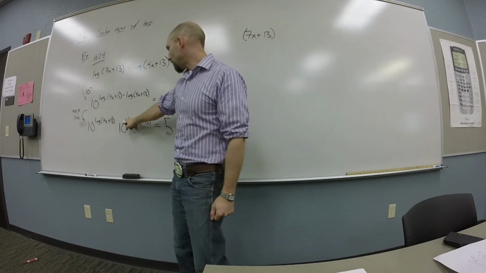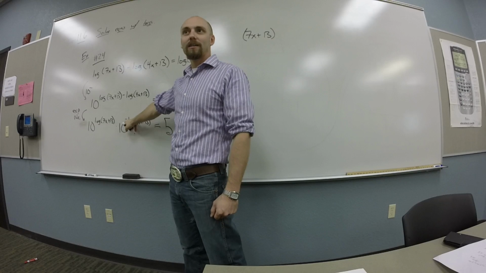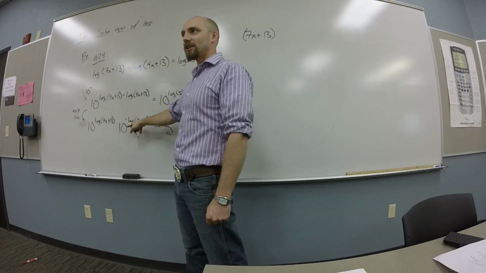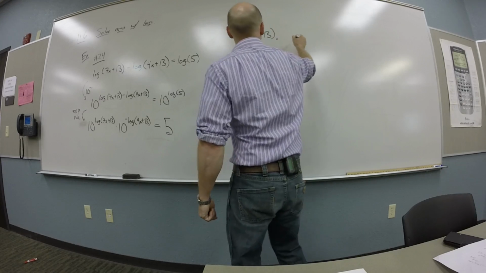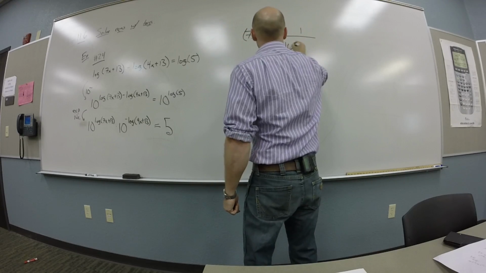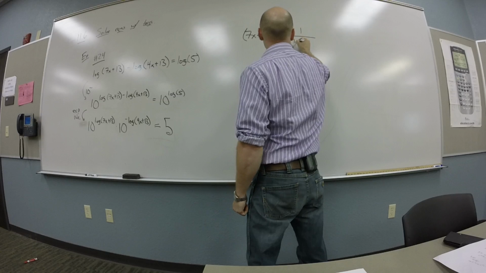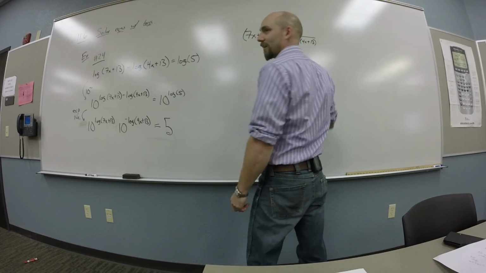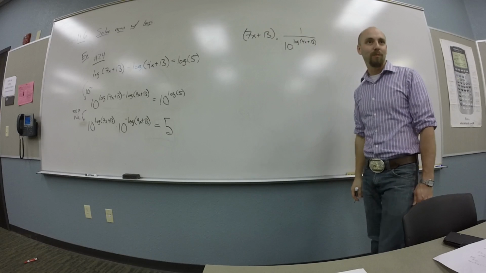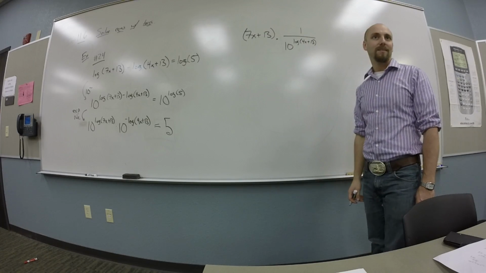There's a problem with that one that there's a negative out here, right? So those can't straight cancel. So I might think about times 1 over 10 to the log of 4x plus 13. That's how I get rid of negative exponents. I put them in the bottom. Nice.